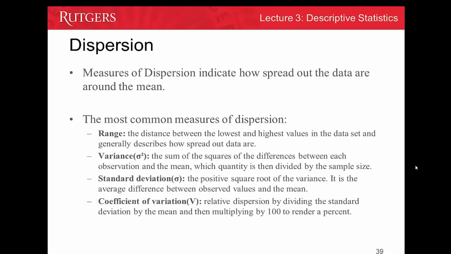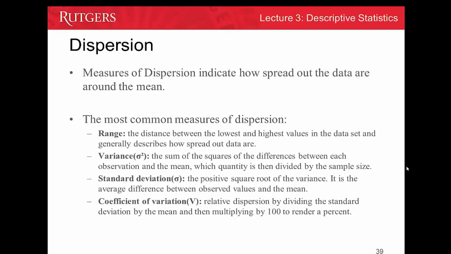The next type of descriptive statistics for the quantitative data is dispersion, which is used to indicate how spread out the data are around the mean. The most common measures for dispersion include the range, variance, standard deviation, and coefficient of variation.